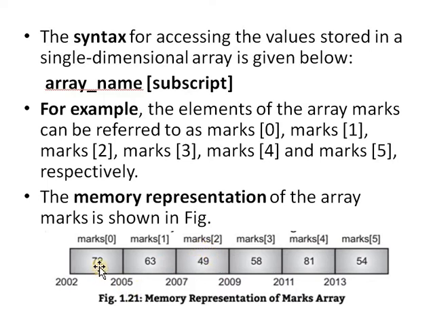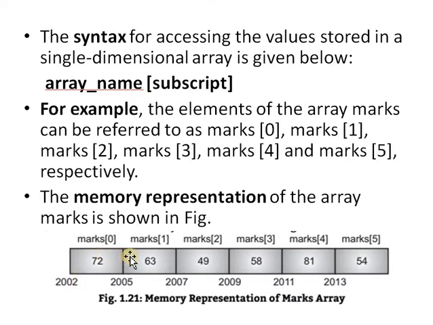First array element is 72, so it is stored at the first memory location. Next element is 63, so it is stored at the second memory location, and we know that the array elements are stored continuously in memory. So all 6 elements of the marks array are stored in continuous order in memory.